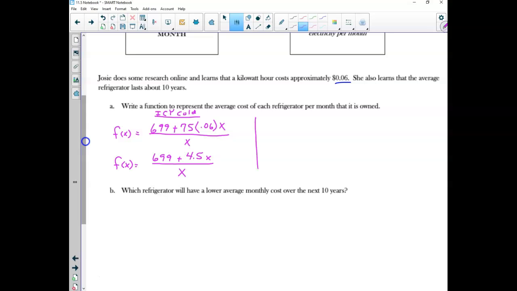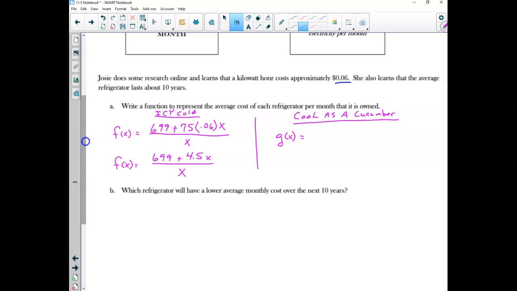On the other hand, over here, we have cool as a cucumber. Okay, and cool as a cucumber, this is a much more expensive refrigerator. And I can't call it f of x, so I'm going to have to call it g of x. I'm going to have to call it a different function, otherwise they would be the same, and they're not.